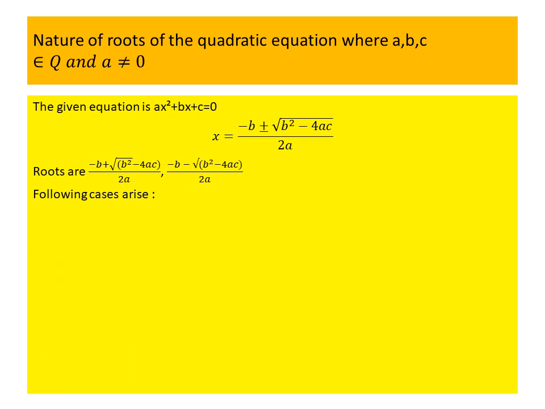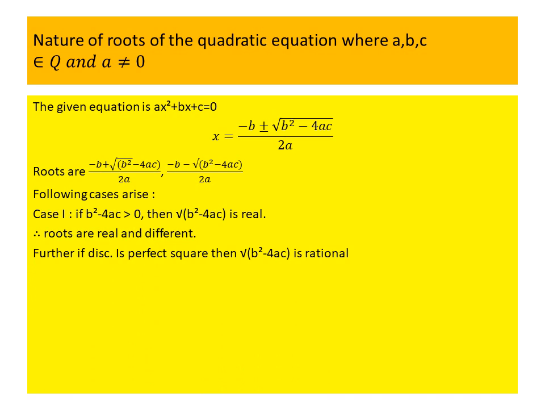There arise again three types of cases. First case, if b square minus 4ac is greater than 0, then the square root of b square minus 4ac is also real. Therefore, roots are real and different. Further, if the discriminant b square minus 4ac is a perfect square, then the square root of b square minus 4ac is rational.